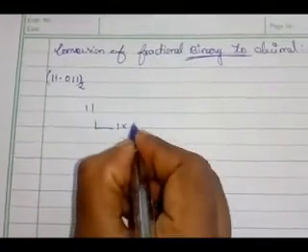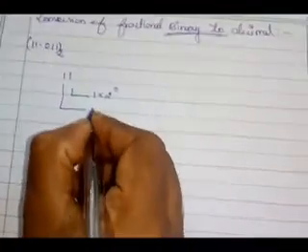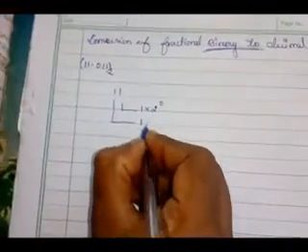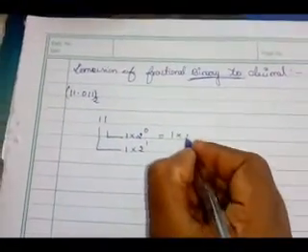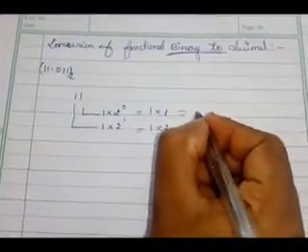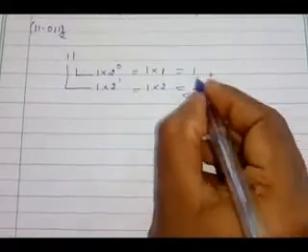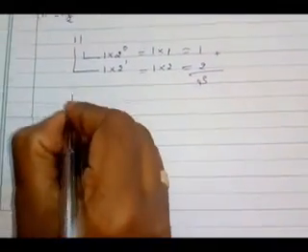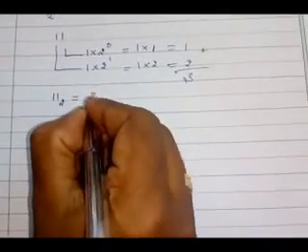First digit 1 into 2 power 0, next digit 1 into 2 power 1, which is equal to 1 into 1 plus 1 into 2. Finally add this: 3. So the decimal equivalent of this binary number is 3.